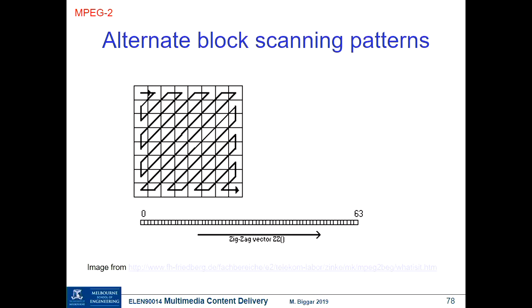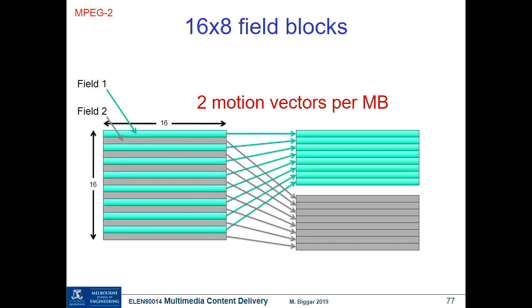Our assumption here is that we've concentrated the energy up in that top left-hand corner, and there would be relatively low magnitude coefficients in the high frequency areas, both horizontally and vertically. But as a result of this interlace thing, we're going to get a greater magnitude of high frequency vertical coefficients. Even if we encode them as field blocks in that previous diagram, because of the reduced correlation between this pair of pixels compared with these ones, we are still going to have increased vertical high frequency components.